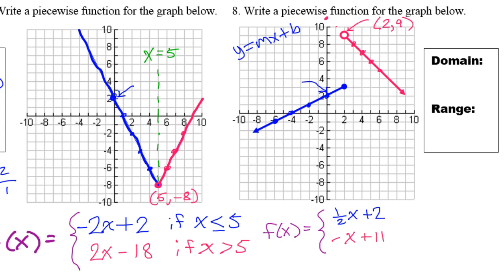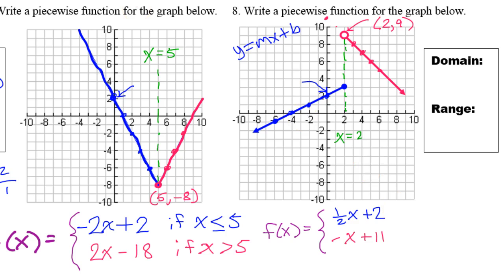Now, on a graph like this, there's no axis of symmetry. However, right here is where it changes from the blue part to the red part. So it's not an axis of symmetry, but still the value x equals 2 is where it changes from one part to the other.